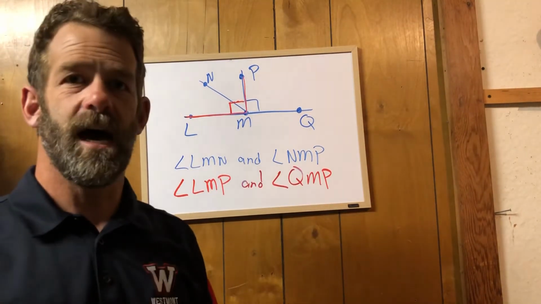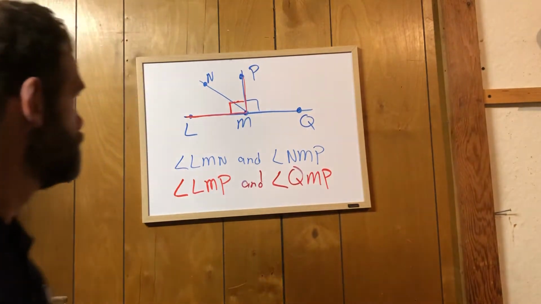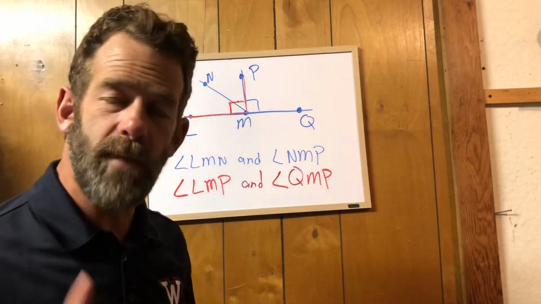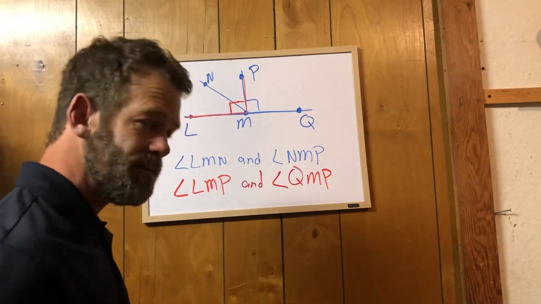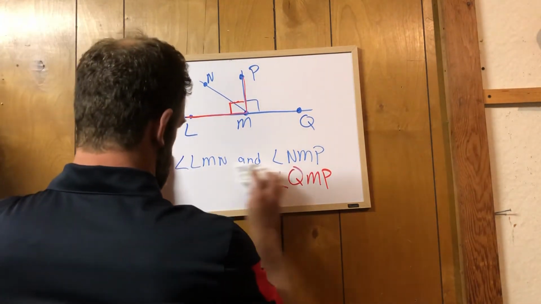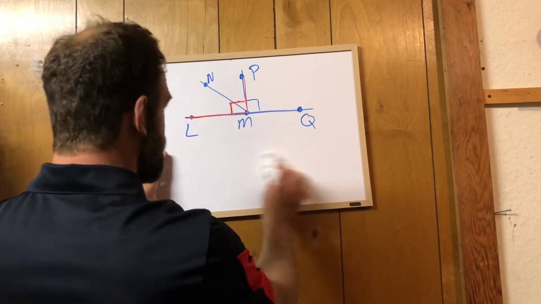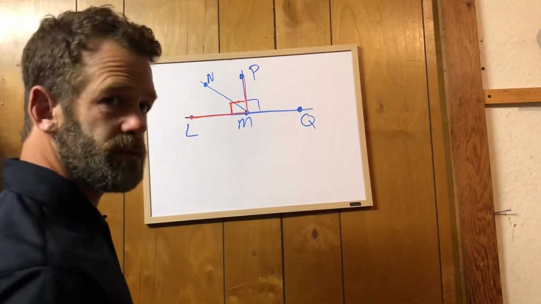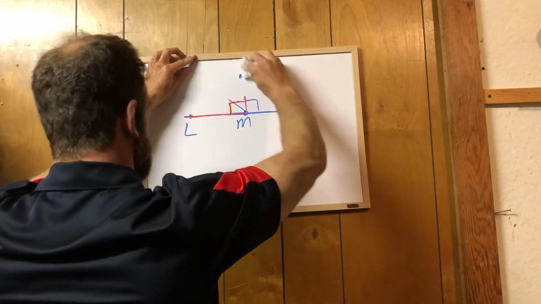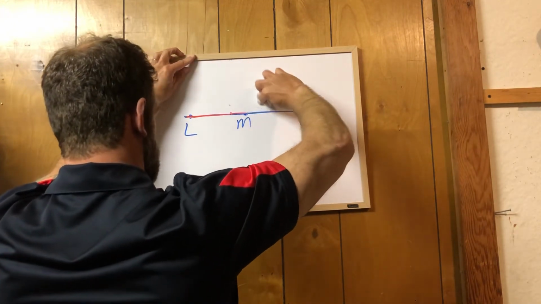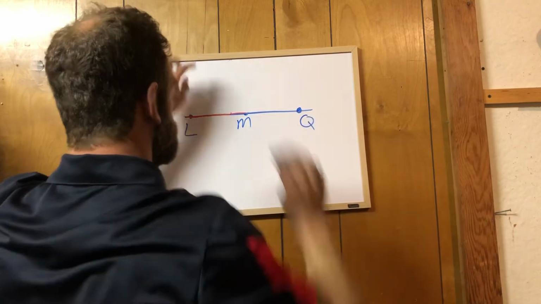Can you think of an obtuse angle? Obtuse is bigger than 90. It cannot equal 90 degrees. It has to be bigger. There's only one angle in here that's actually bigger than 90 degrees. And that angle is this. Watch what happens when I do this. What's this angle?